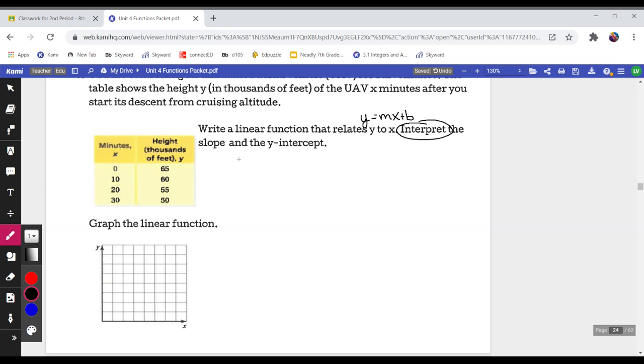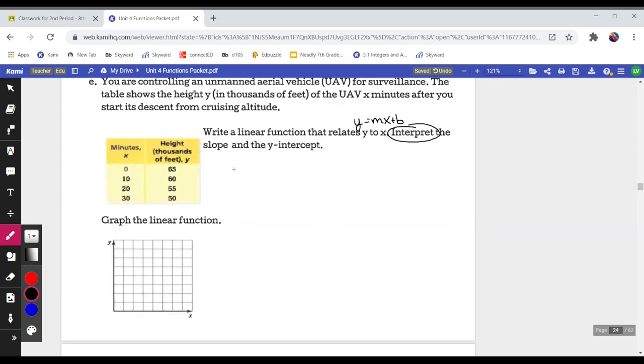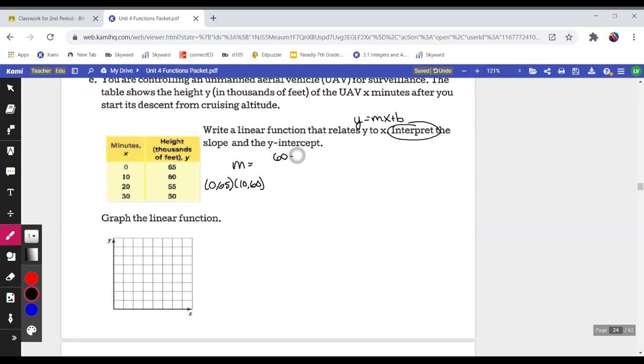So first, let's find the slope. I'm going to take the ordered pairs (0, 65) and (10, 60). So 60 minus 65 divided by 10 minus 0. 60 minus 65 is negative 5, divided by 10 minus 0 is 10.